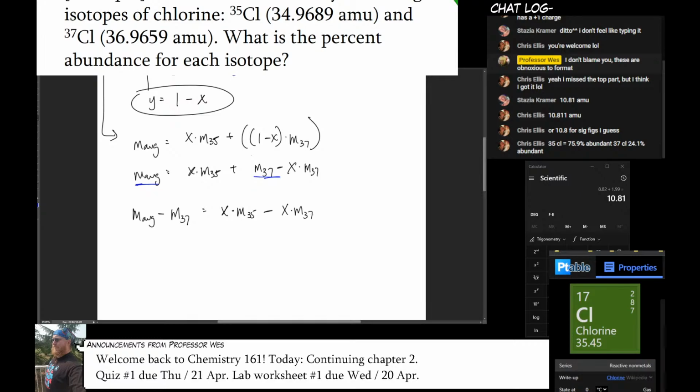So now I have that. I'm going to factor out the x. And then I'll just divide by that. No, there is not a formula to do this. You just got to do the algebra.